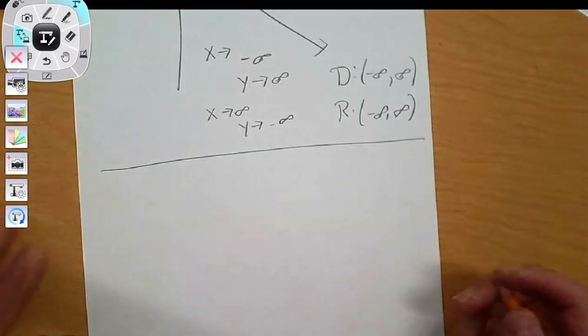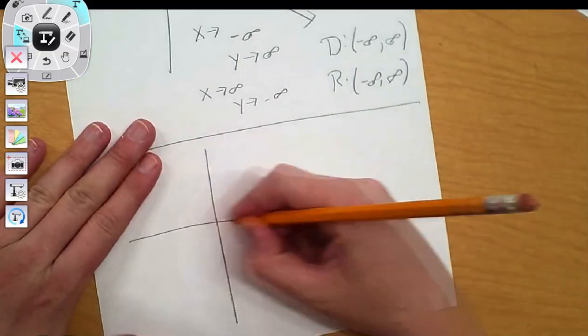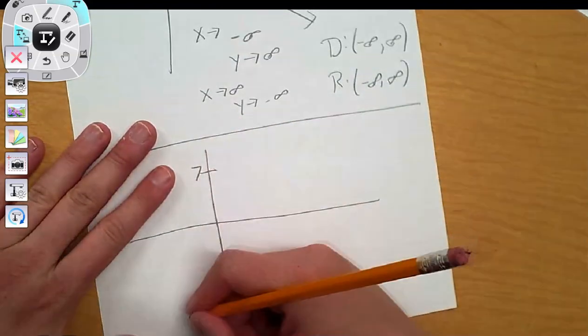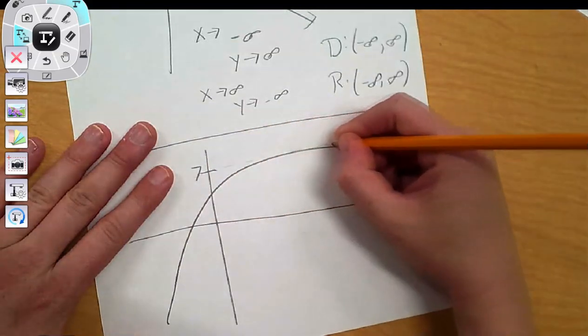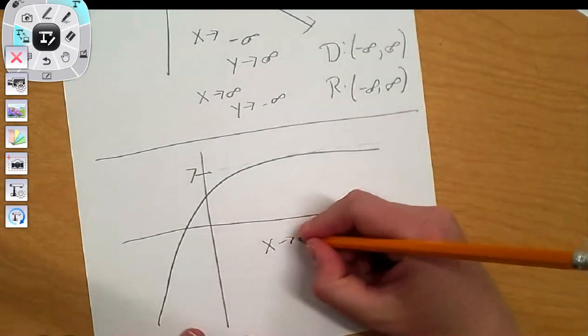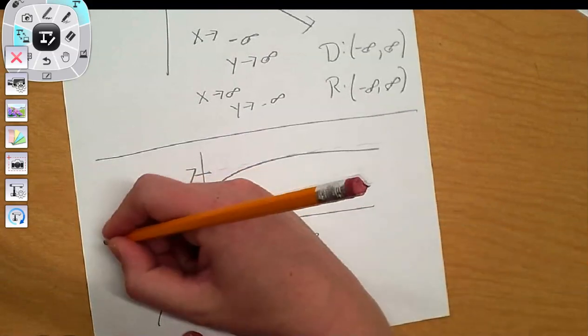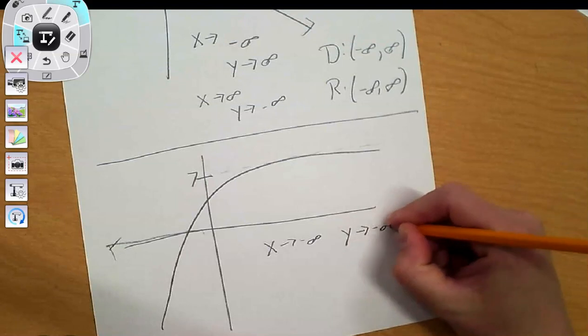Okay, another example. We have something like this, this is 7. As x goes to negative infinity, as we go this way, we're going continuously down. So y is going to negative infinity.